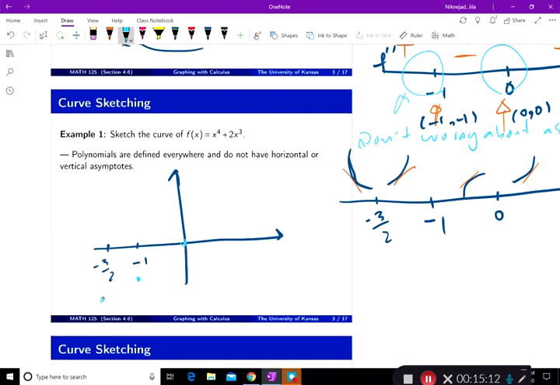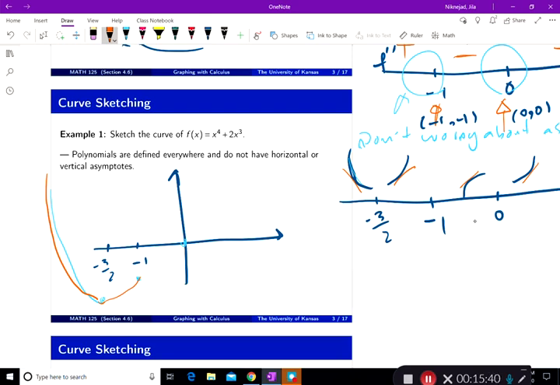And so if I put in the shapes of the curve, I can see before -3/2 I should have this shape. Let's change color. And then there's a minimum here, and then I will have this shape between -3/2 and -1, or -1.5 and -1.